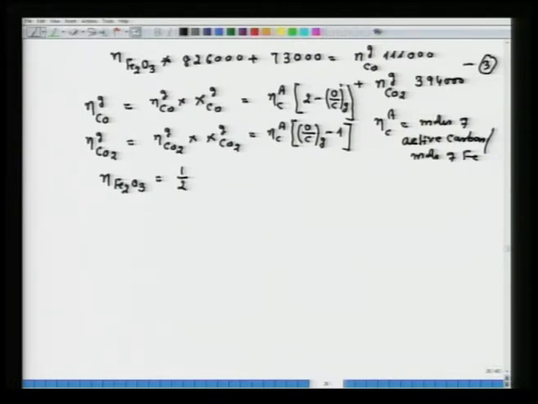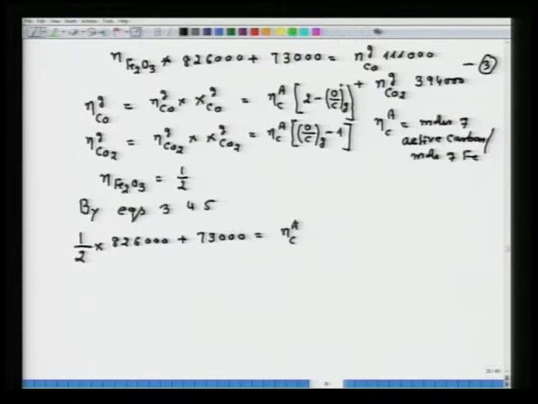So, if you substitute all these things, by equations 3, 4 and 5, and noting that if you want to produce 1 mole of iron, you need half mole of Fe2O3, then we will be getting an equation: half into 826,000 plus 73,000, that is equal to NaC 283,000 O by Cg minus 172,000, and this is our equation.